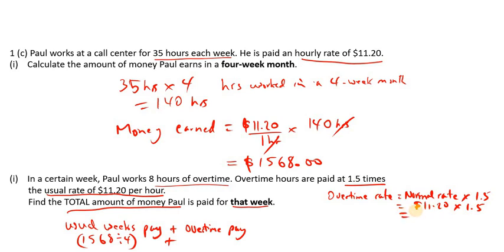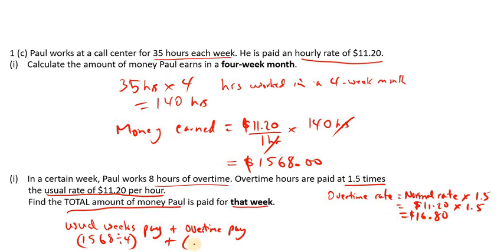Let's put that in our calculator. 1.5 times 11.20, and that gives us 16.80. If you get a fraction in the calculator, you just need to press that S to D button, and you get that 16.80. So that's the overtime rate. So for every hour he works overtime, he's getting $16.80.